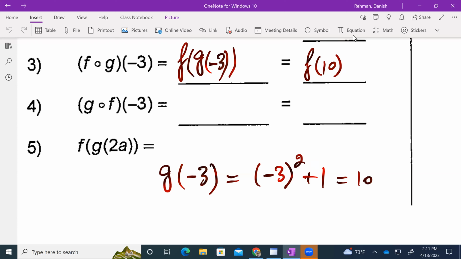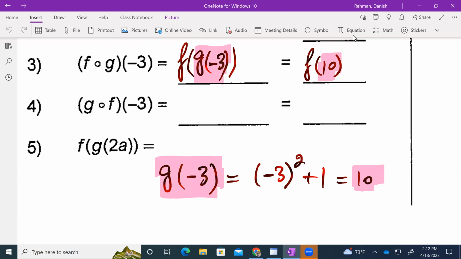Make sense? Looking at the same things again, we found out that g of -3 is equal to 10. That means I can definitely replace the g of -3 with a 10. Got it?